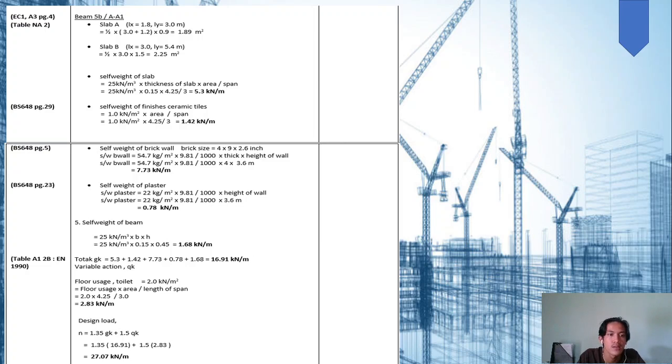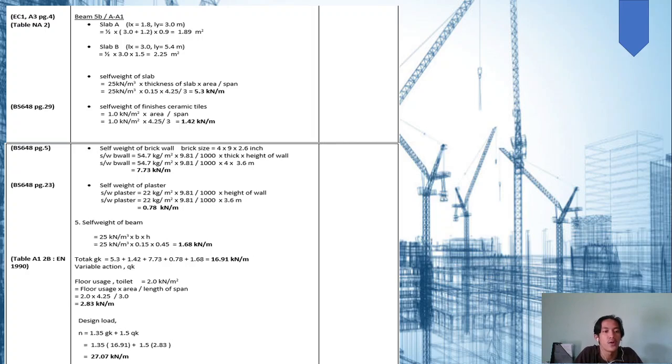Then we calculate the self weight of brick wall, 7.73 kilonewton per meter, and the self weight of plaster, 0.78 kilonewton per meter. For the self weight of beam, we use 25 kilonewton per meter cubed times b times h, and we get 1.68 kilonewton per meter.